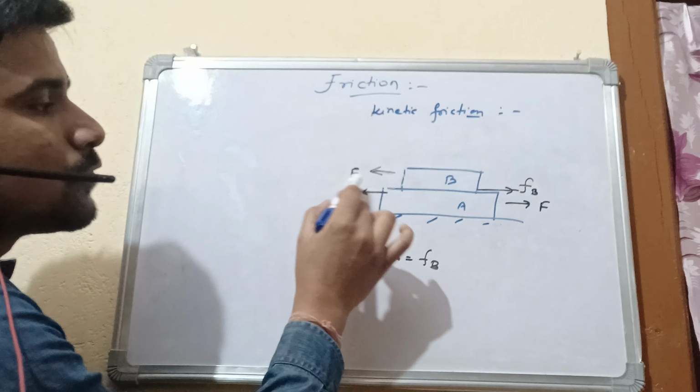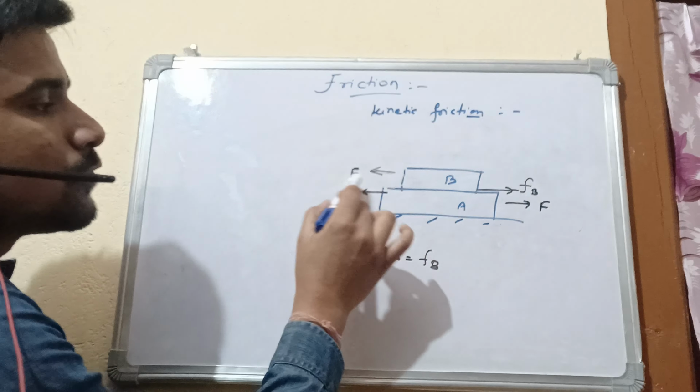And what about area? Friction will not depend on the area. So friction only depends on one thing, which is the roughness. If the surface is smooth, friction will be less. If the surface is rough, friction will be more. As simple as that. Right.